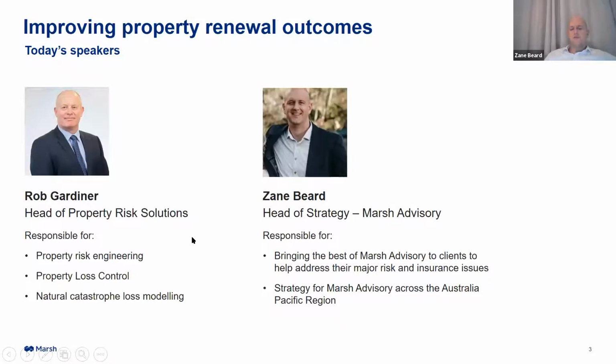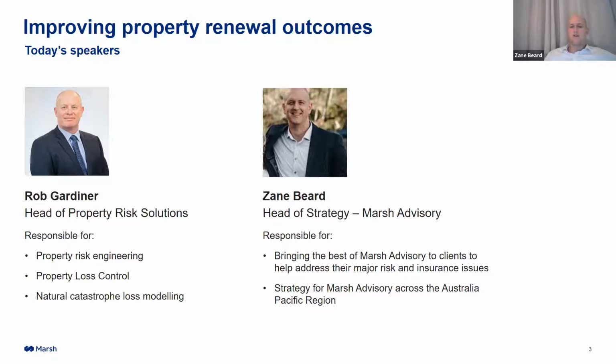Who we have today is Rob Gardner, our Head of Property Risk Solutions. Rob is responsible across the Australia area for property risk engineering, property loss control, and our natural catastrophe loss modelling capabilities at Marsh and that team. I'm the Head of Strategy for Marsh Advisory, the data and analytics and risk consulting practice at Marsh.